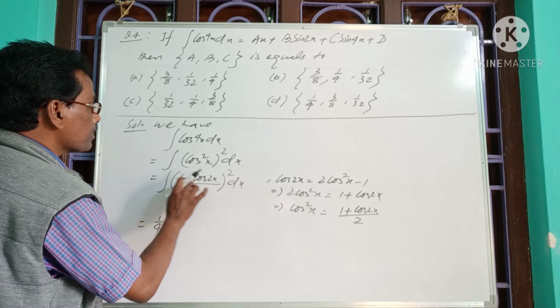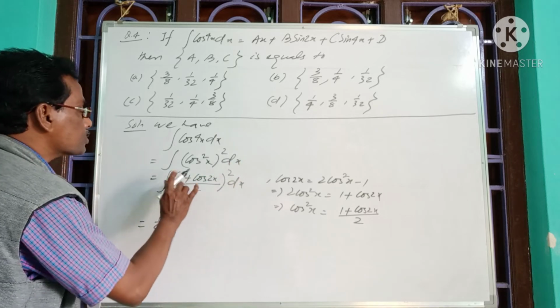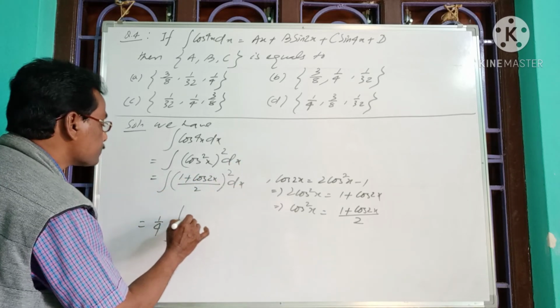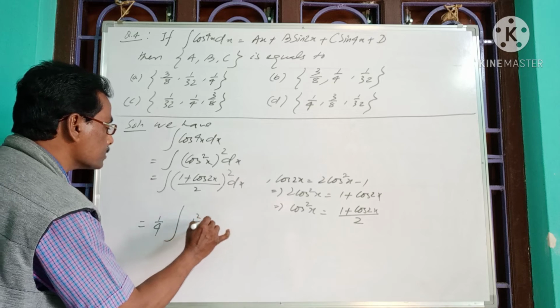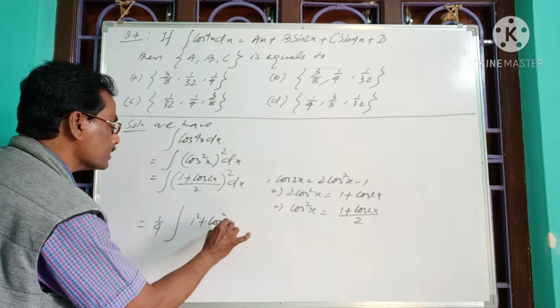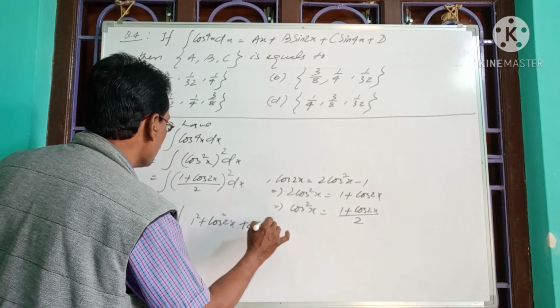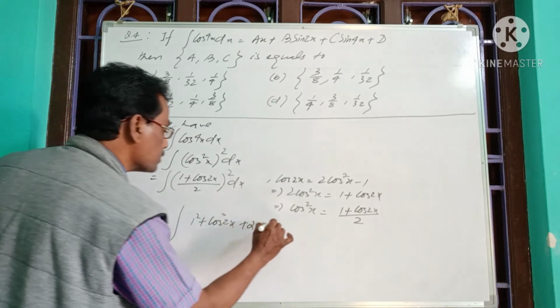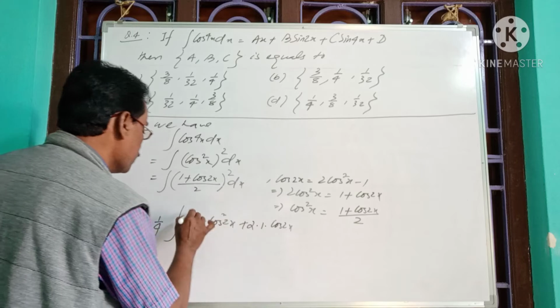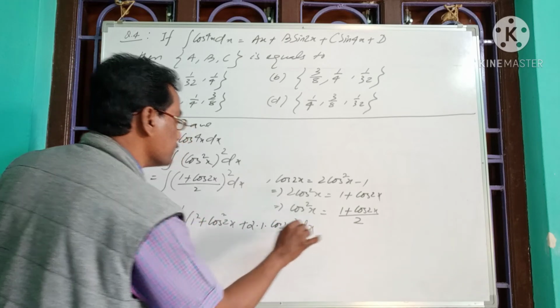So we got 1 plus cos 2x whole square, that is a square plus b square plus 2ab, that is 1 square plus cos square 2x plus 2 into 1 into cos of 2x, whole integration with respect to x.